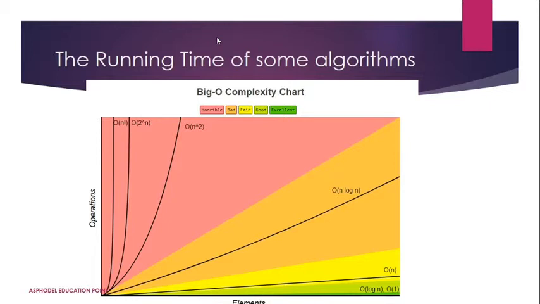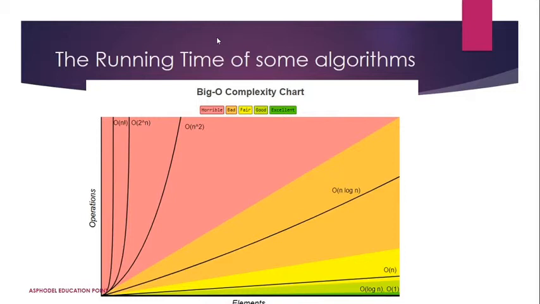But what does this mean? That means that when your input size is n, still your running time is constant. That is why it is order of 1, or very close to 1, like order of log n. Or in case it is directly related with the input size, then it is order of n. If it is a little more than that, it is order of n log n.